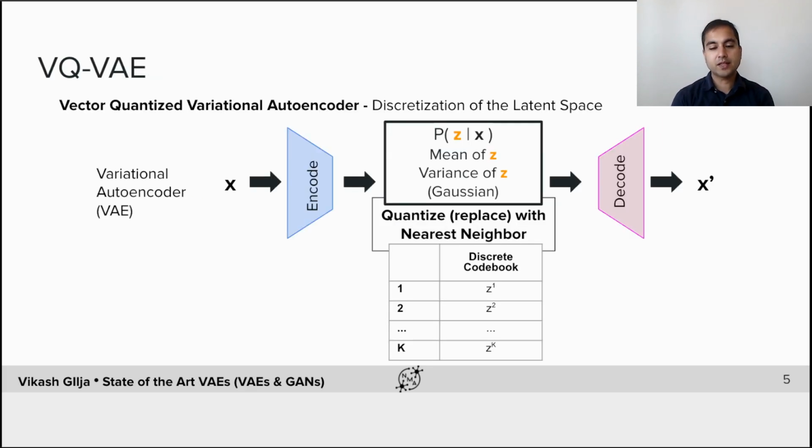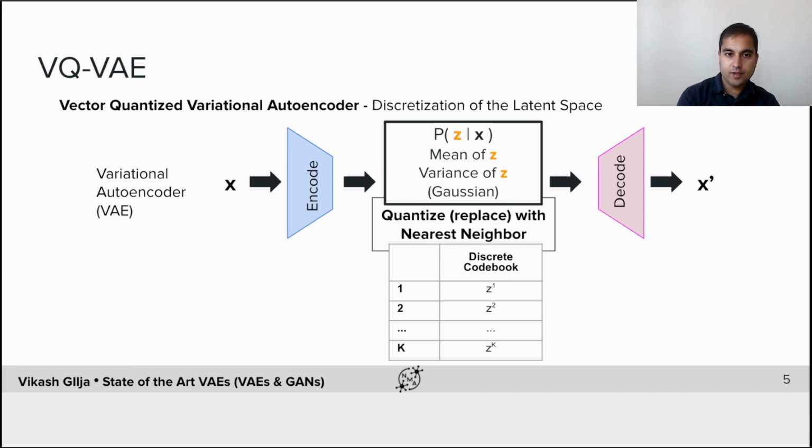Now, if we expect the latent representation to be discrete, there is a modification of a VAE that's called a vector quantized variational autoencoder. And what this does is it discretizes the latent space. So for example, human speech is composed of underlying phonemes. And so we might want to motivate a latent representation that has a discrete representation similar to the symbolic phonemes that form human speech.